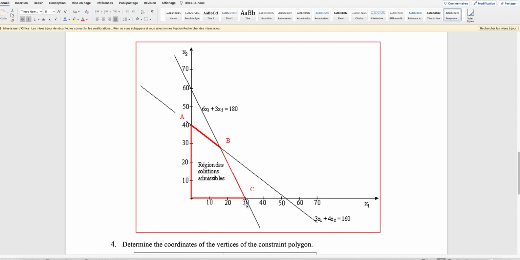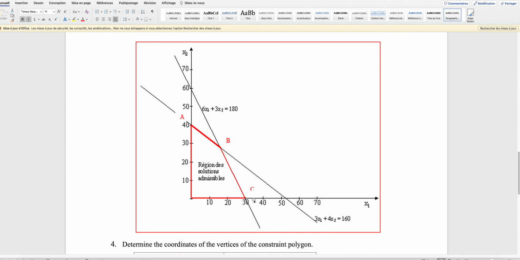Now we see that the two lines cross at this point. So at the right, it is impossible to produce.